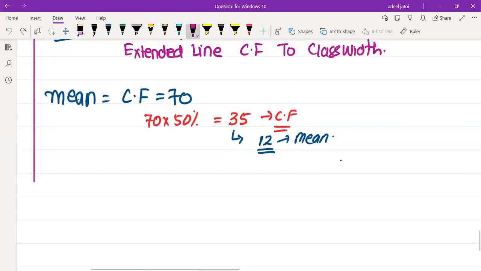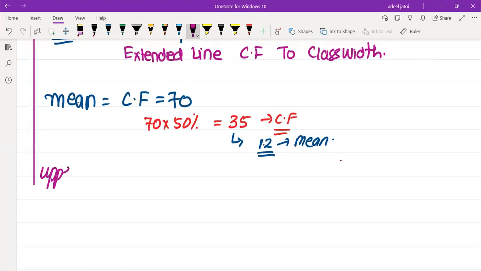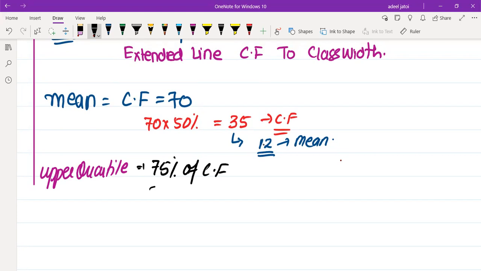Your upper quartile will be 75% of cumulative frequency. This is basically 3/4 of cumulative frequency as well. That means 3/4, 75%. If I write it as a ratio, that can be 3/4 as well. But 75% of the cumulative frequency, which means that if I want to calculate, my cumulative frequency was 70, 70 multiplied by 75%.